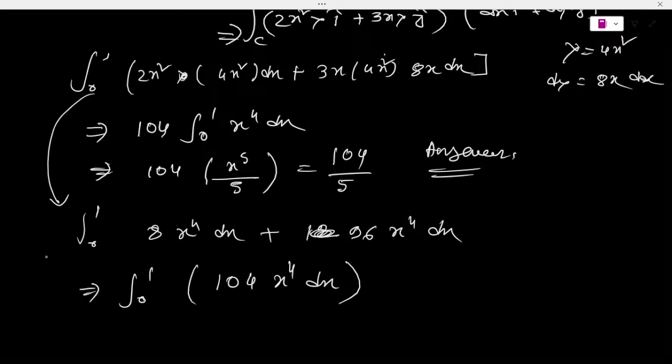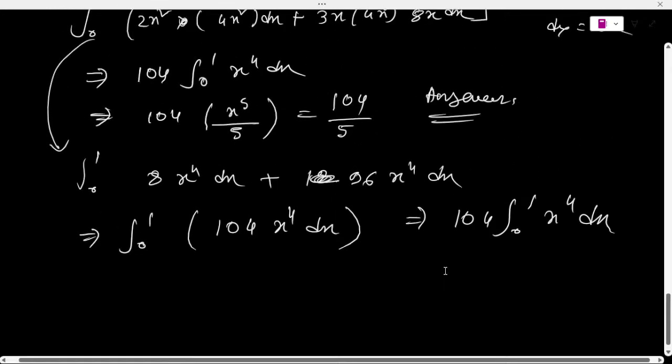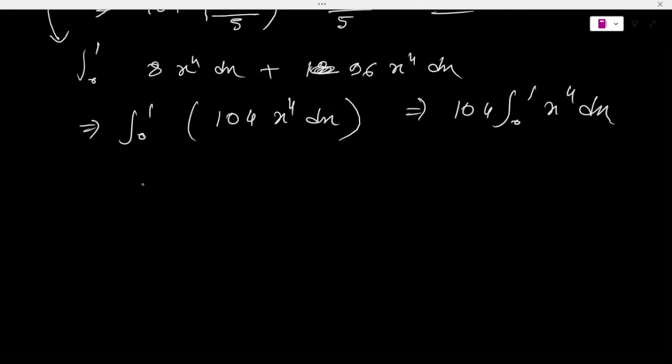After that, 104 comes out, and the integration from 0 to 1 of x⁴ dx. Here we apply the formula: the integration of xⁿ dx is xⁿ⁺¹ divided by n plus 1.